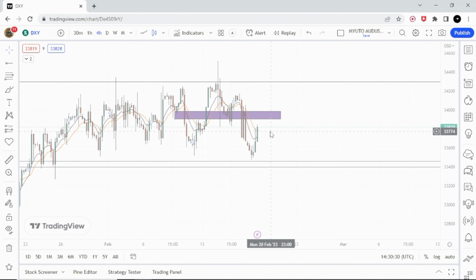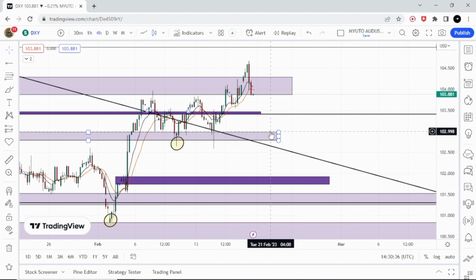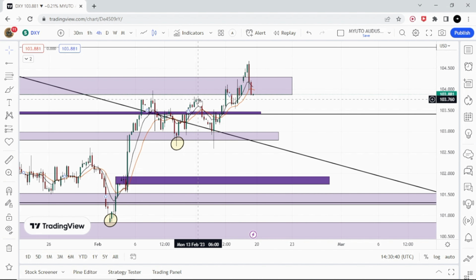Let's go down to the dollar index. Last week for the dollar index, we were here in the previous video. This is how price started developing. When the news came out, price started losing its strength, but we still maintained the structure at this last high.